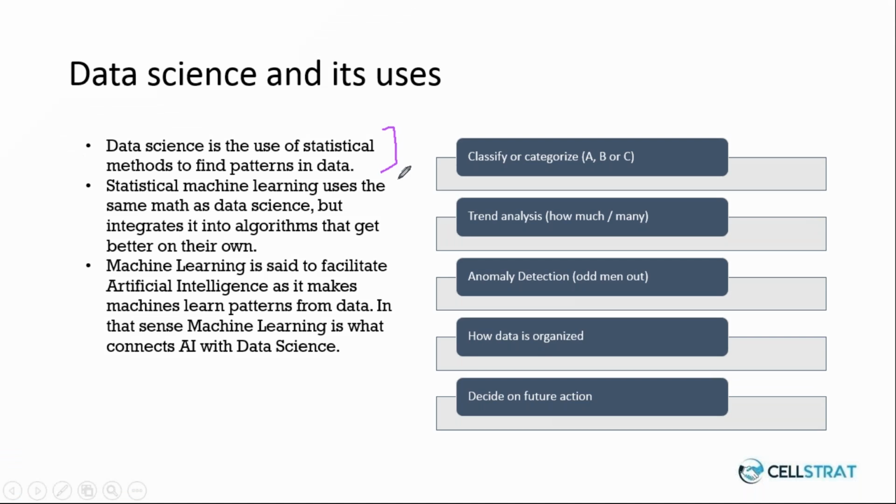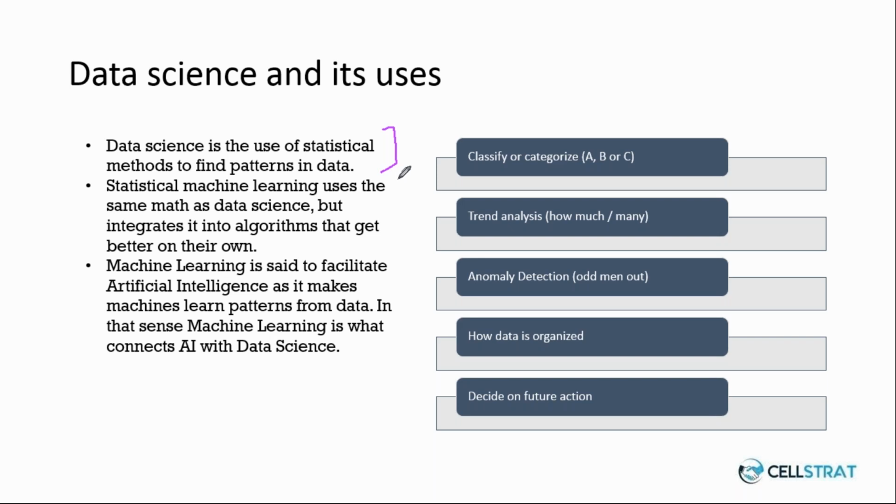Machine learning uses the same maths as data science, and it uses certain algorithms that get better on their own or get trained over time with data.